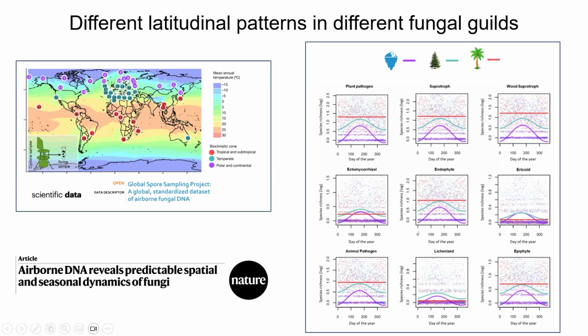But then compared to something like ectomycorrhiza, here actually, if you look during peak season, you will have the highest species richness at mid latitudes. And you find all variations on this pattern depending on what type of fungi you are looking at.